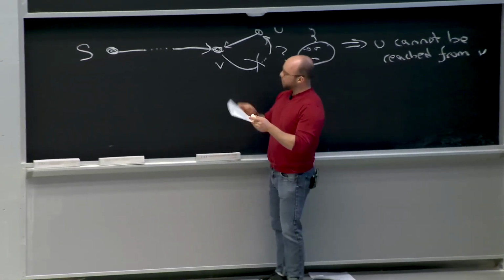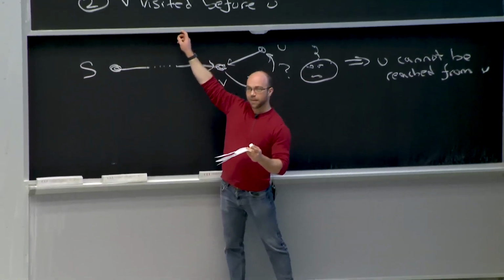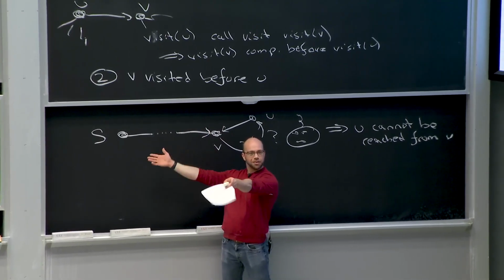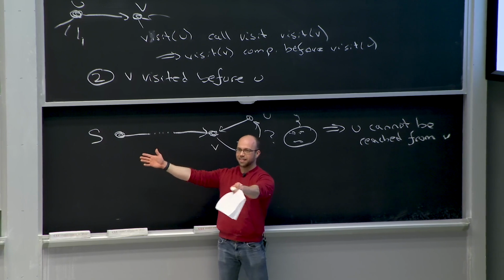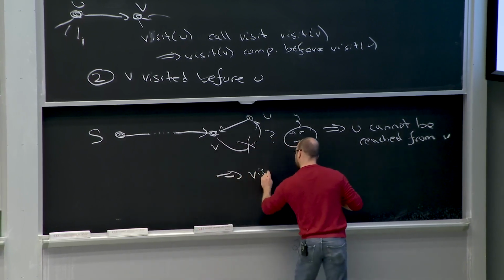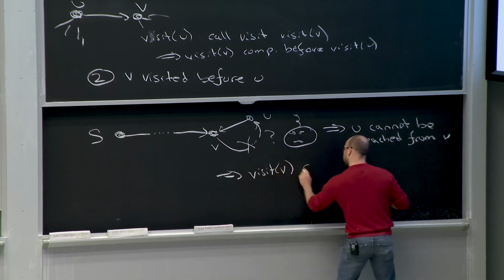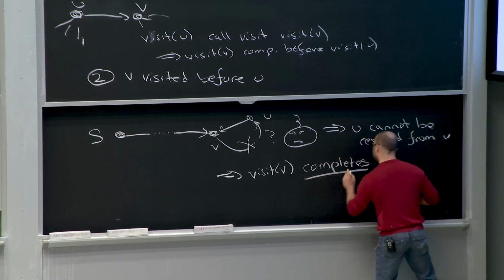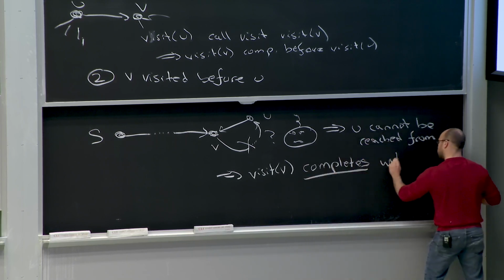It means that the visit to V is going to complete and never see U, right? Because remember that the visit to V only ever calls things that are descendants of V. So in other words, the visit of V completes without seeing U.